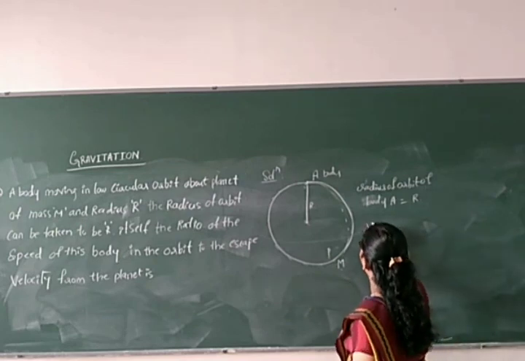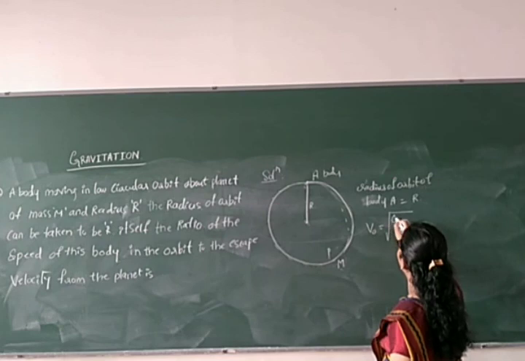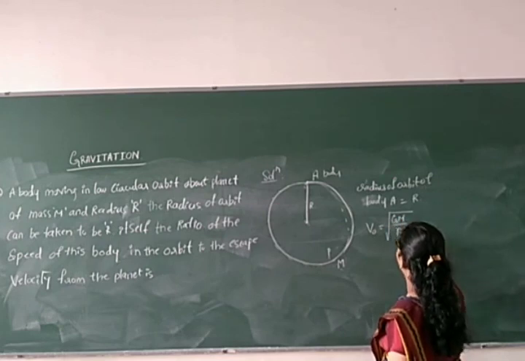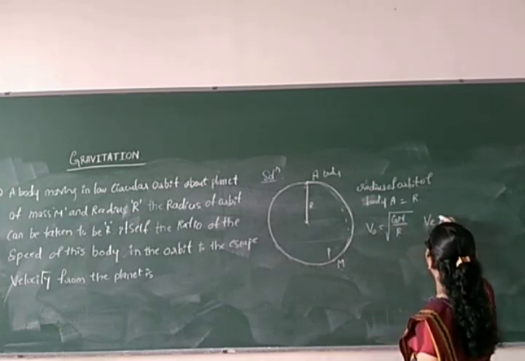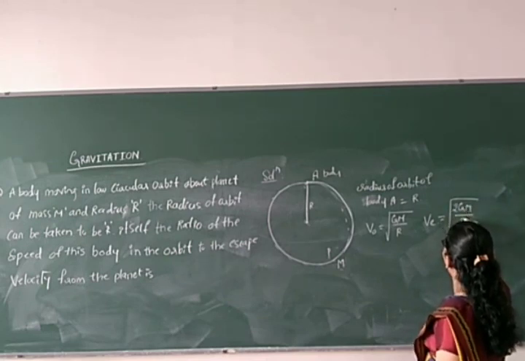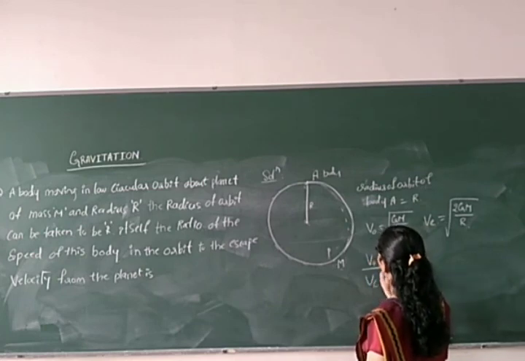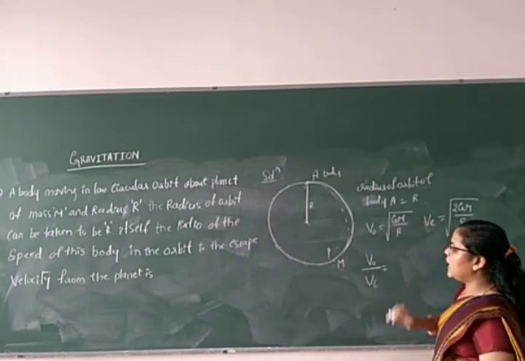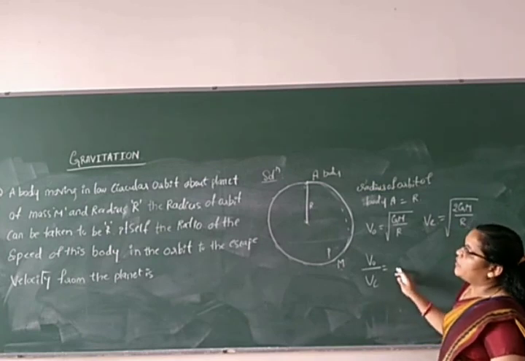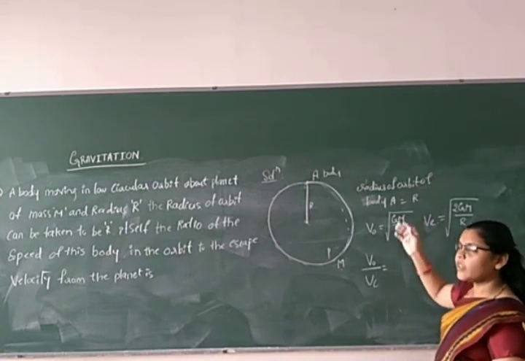So we need to calculate the orbital velocity. We have root of GM by r here. Then the escape speed is root of 2GM by r here. What they have asked is the ratio of the orbital velocity and the escape speed of the body on the planet.